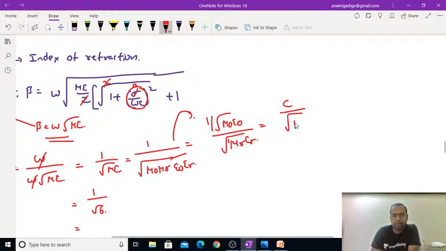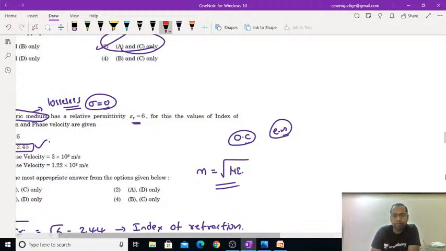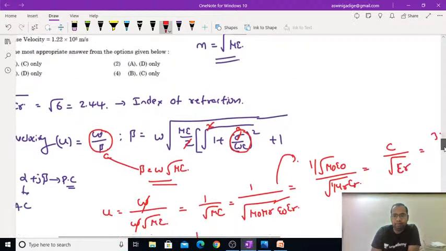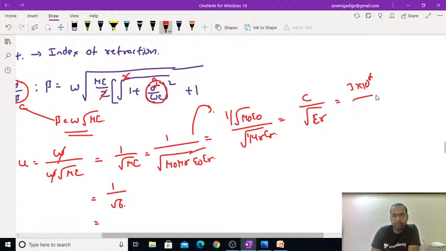Divided by, as per the lossless dielectric medium, I am taking like this, and c is nothing but 3 into 10 power 8 meters per second, so that's why I am taking 3 into 10 power 8 meters per second divided by root 6.